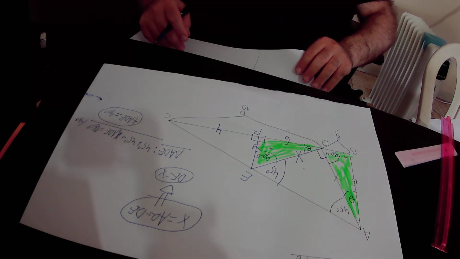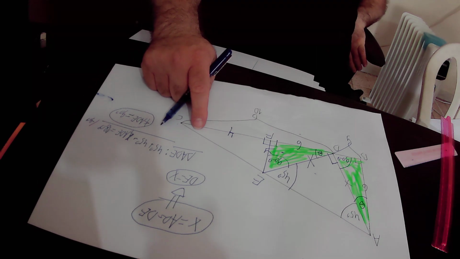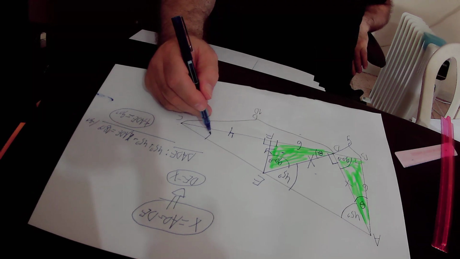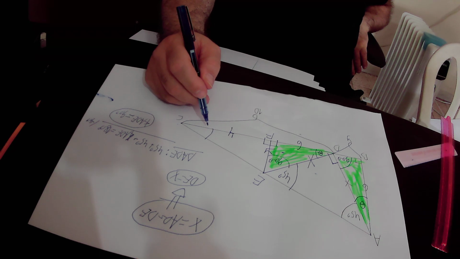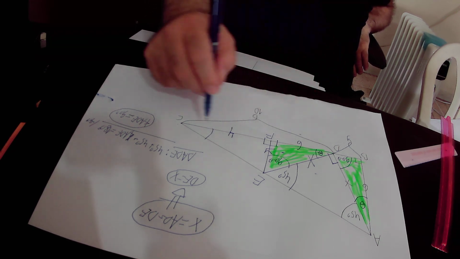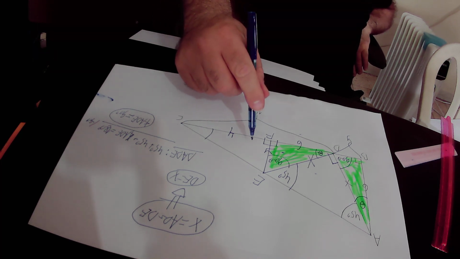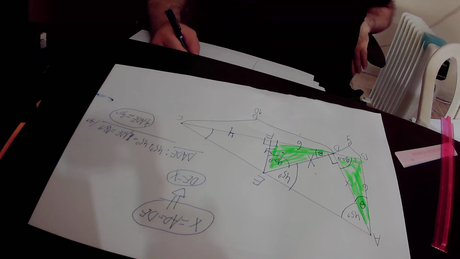In addition, this is a common angle. This angle belongs to both triangles. So this angle equals itself, or we can write that angle ACB in triangle ABC is equal to angle ECF in triangle EFC.